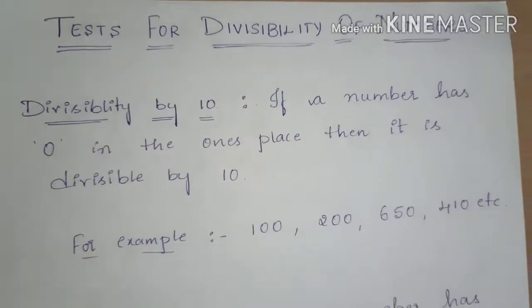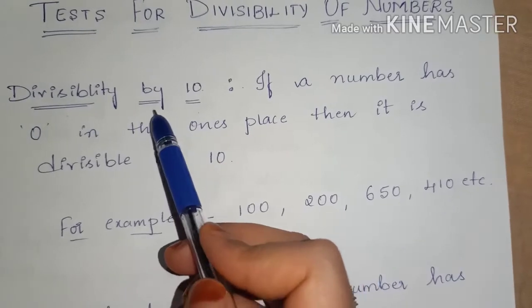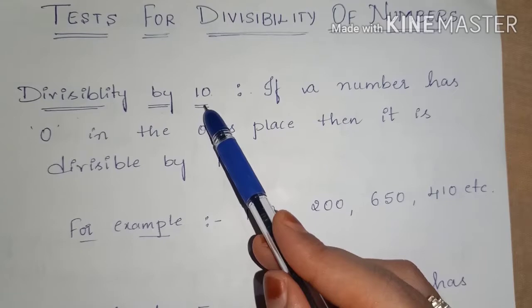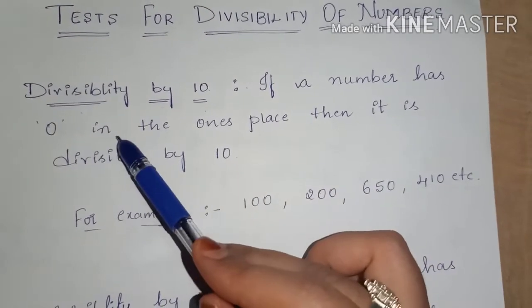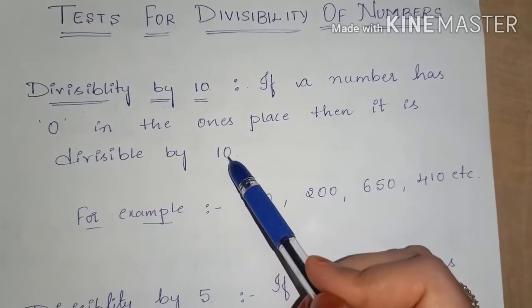Okay, the first one is divisibility by 10. So here is the rule to find out the numbers which are divisible by 10. If a number has 0 in the ones place, then it is divisible by 10.